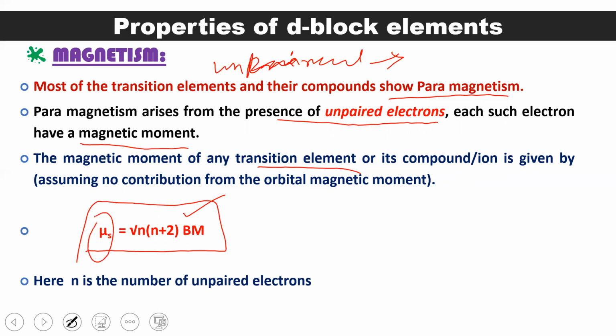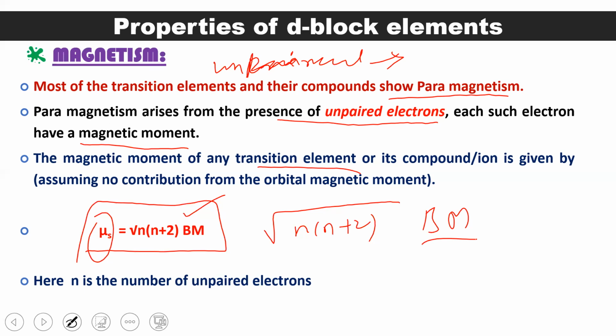Mu s is equal to under root n into n plus 2 BM, Bohr magneton.